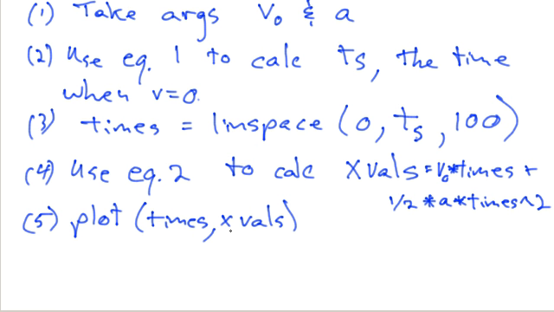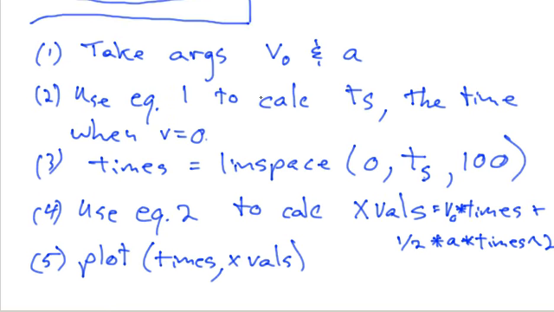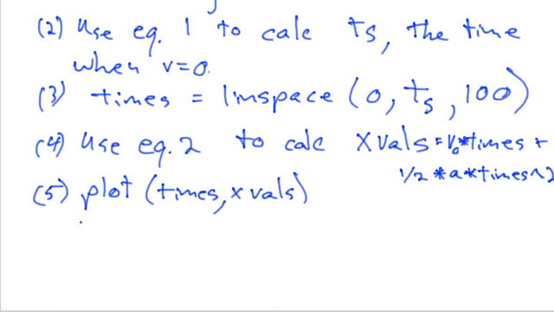This will create a graph of x versus t. You don't have to put this in the code outline, it's just an outline. But after you do that, you have to title the graph and the axes.